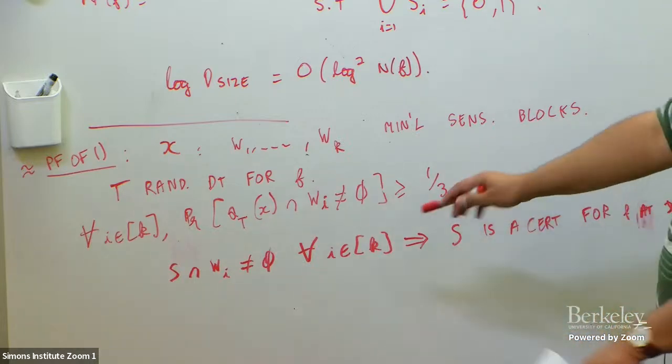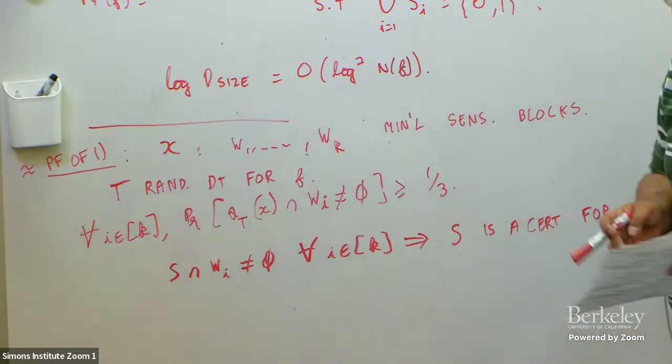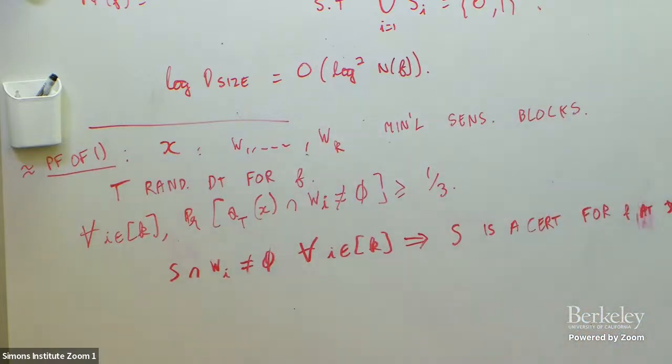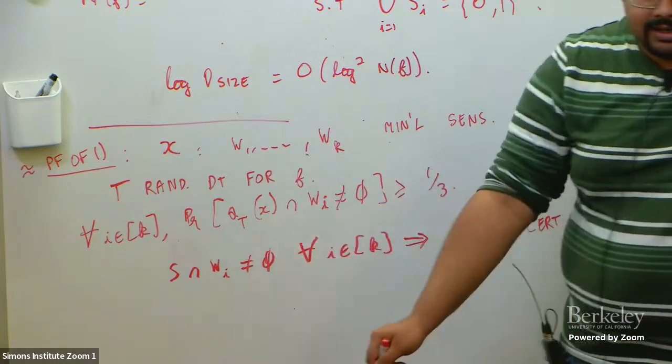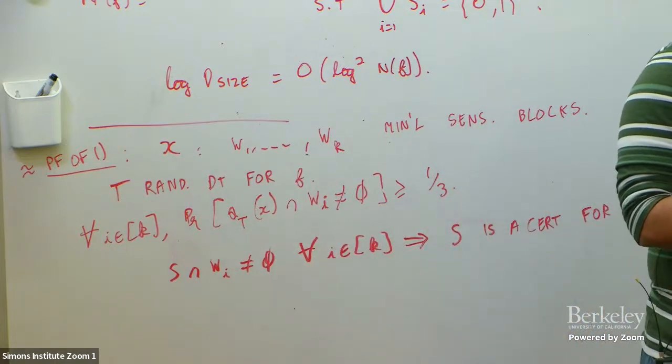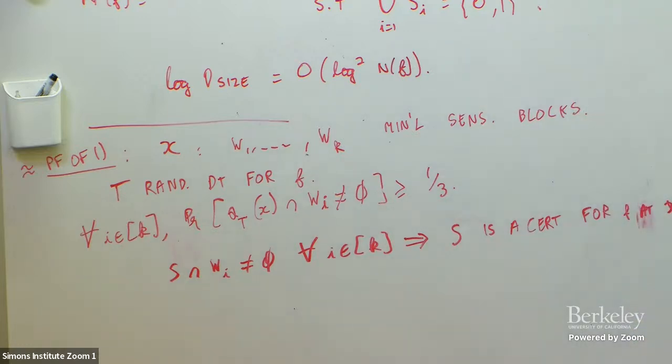So what we're going to argue in here is, if you sample from this randomized decision tree log block number many times, what's going to happen is that for all X, you're going to see certificates for them. And each of these certificates is going to correspond to F monochromatic subcubes.